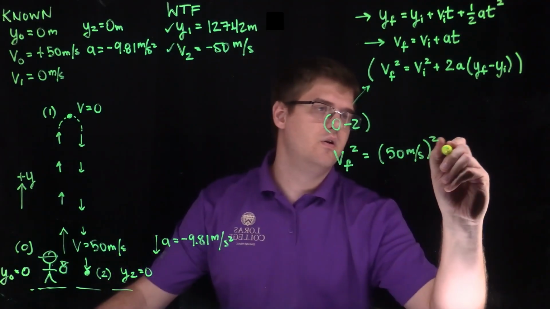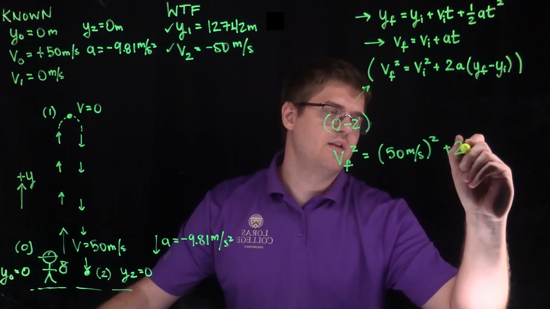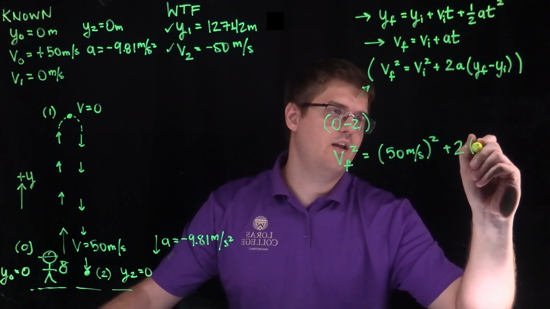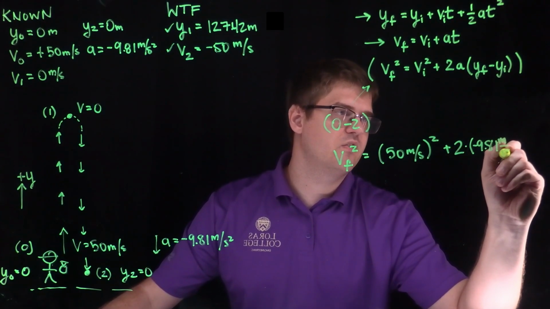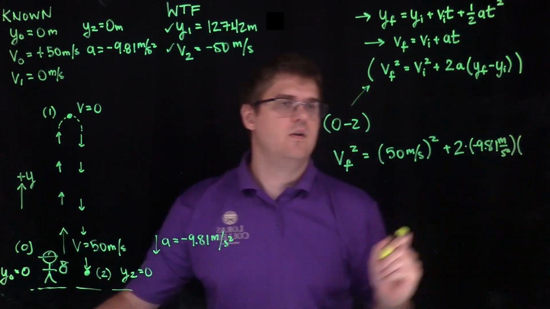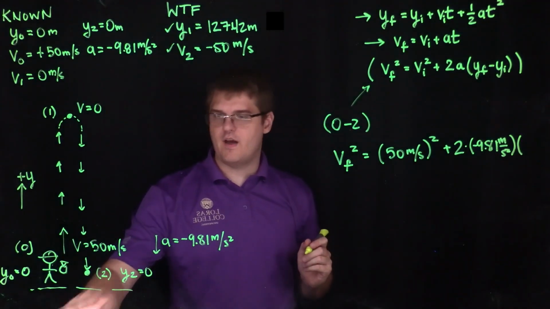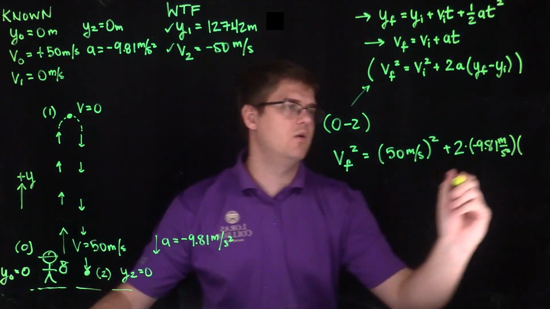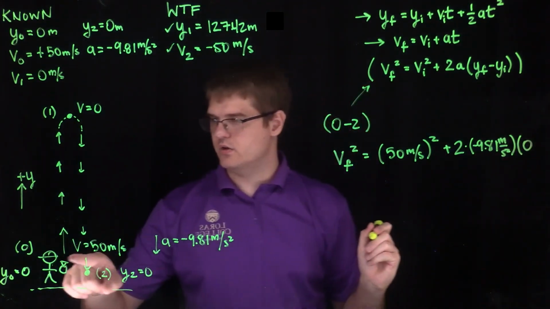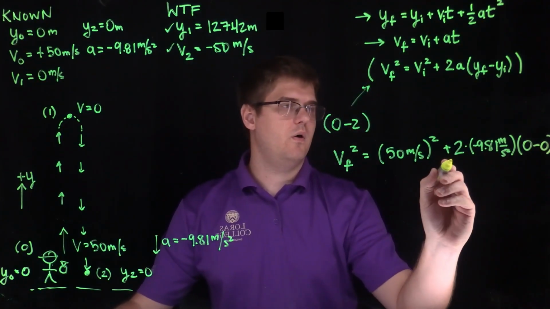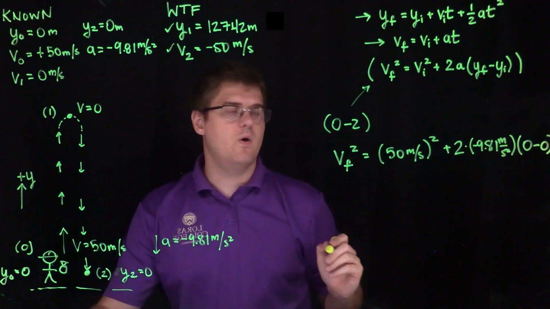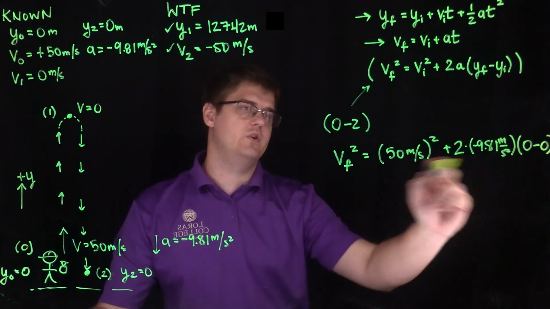Plus 2 times my acceleration, negative 9.81 meters per second squared. And then I have y final, so y2, which is 0, minus y initial, which is also 0. So 2 times negative 9.81 times 0 minus 0 is just 0.